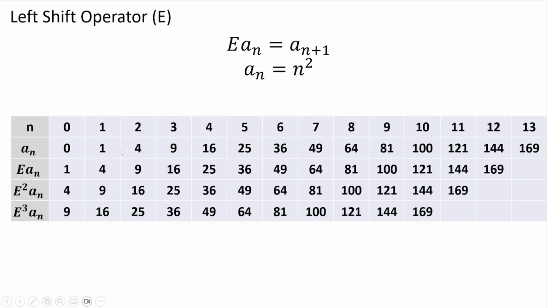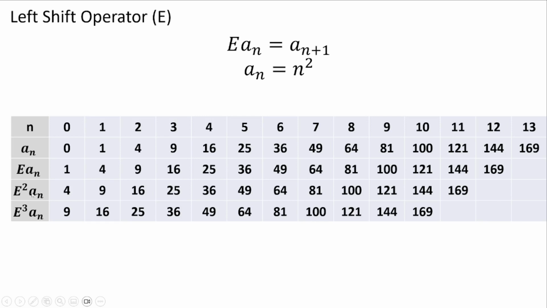You will see that this sequence is shifted to the left to get this sequence. 1, 4, and 9 are here, and so on. This is like we shift the whole series to the left by 1.